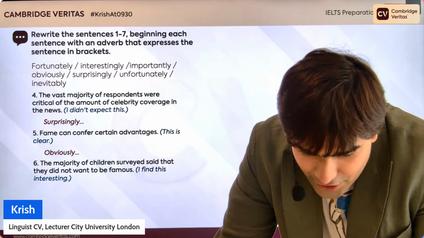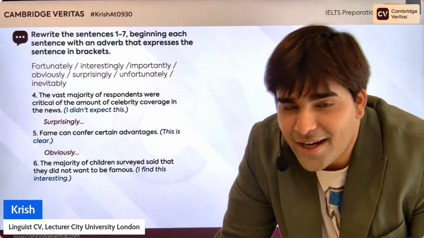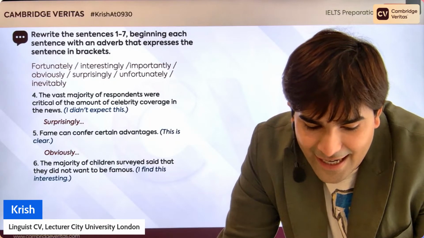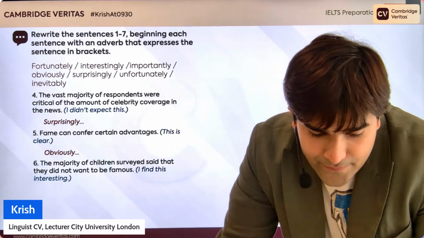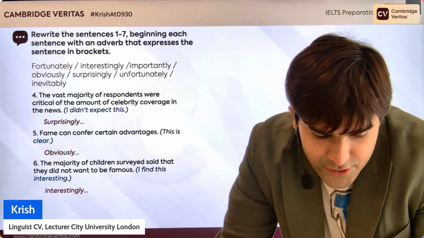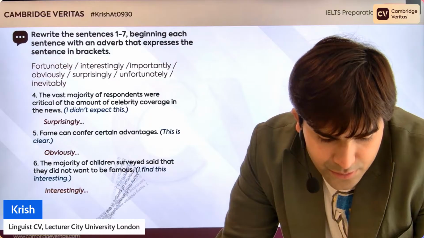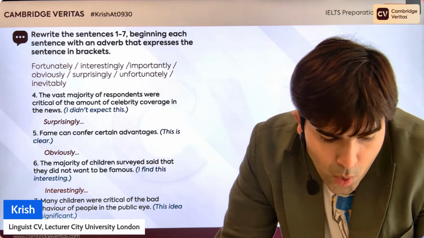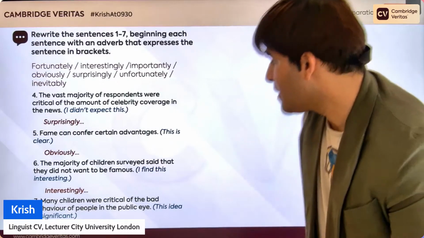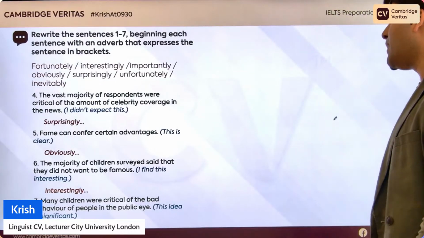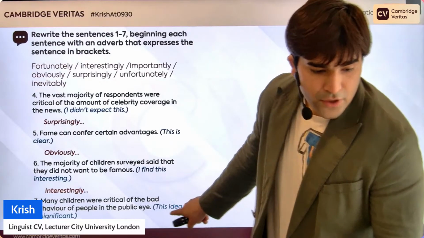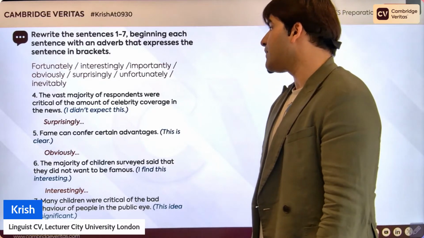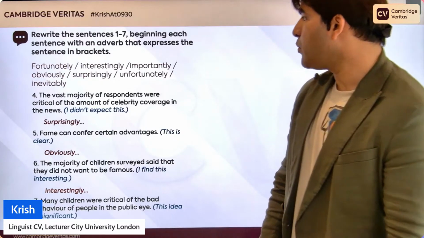Hansini, interestingly, good. Priya and Divya are in a swing of their own universe. Guys, answer. Thank you. Okay, good. It is interestingly. Super. And the last one is, sorry if you're not able to see it: many children were critical of the bad behavior of people in the public eye. This idea is significant. There's only one word left.